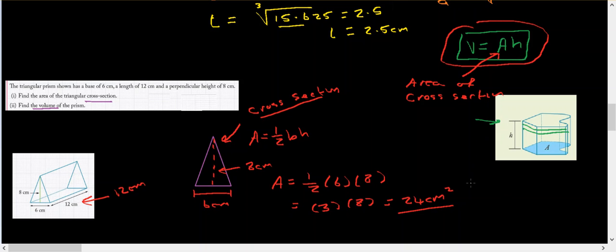So the volume is going to be equal to the area, which is 24, multiplied by the height. So this is our height, this is our area. So the height is going to be equal to 12 centimeters.